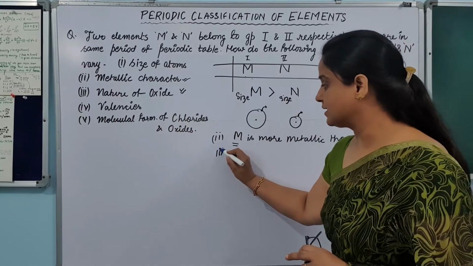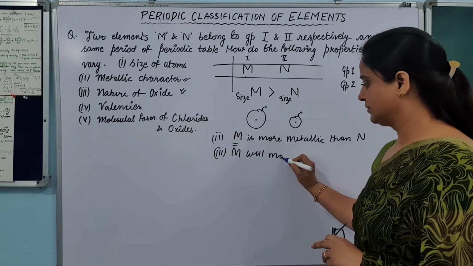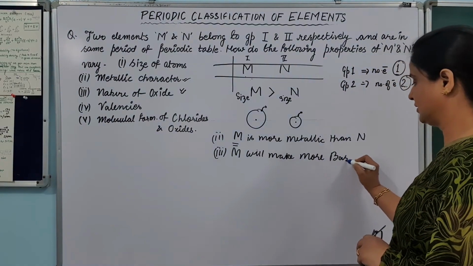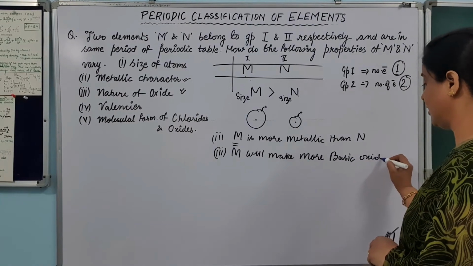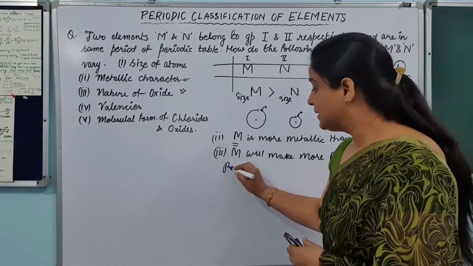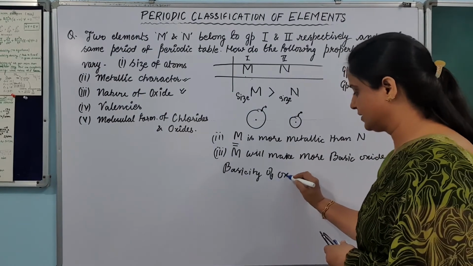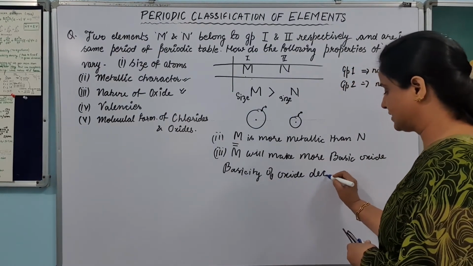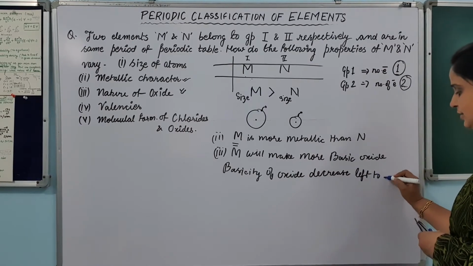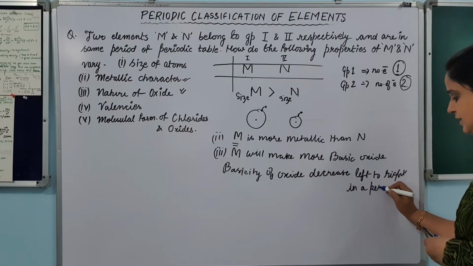So third answer is M will make more basic oxide. Okay, or you can write down this same answer in another way, that is basicity of oxide decrease left to right in a period.